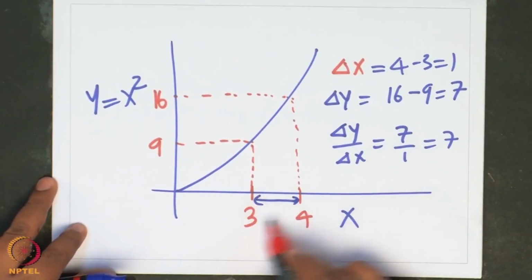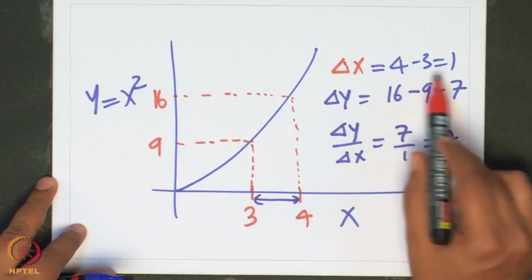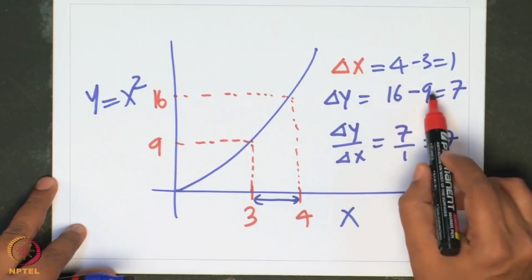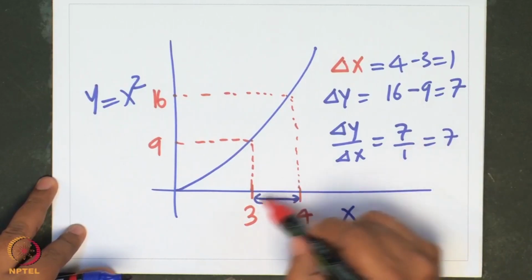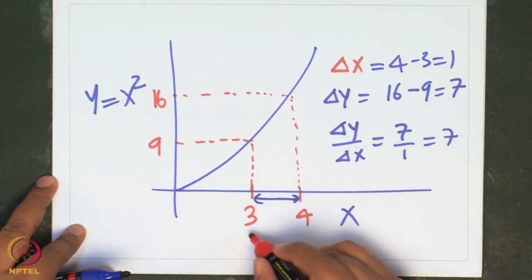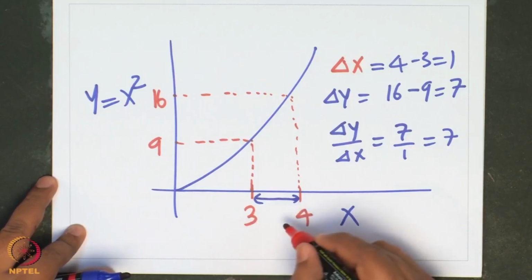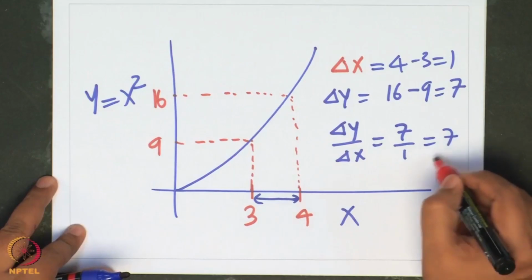We had 4 squared minus 3 squared, 16 minus 9, divided by 1, and we got the answer as 7. So if I take the interval between 3 and 4, delta x equal to 1, I get the answer 7.